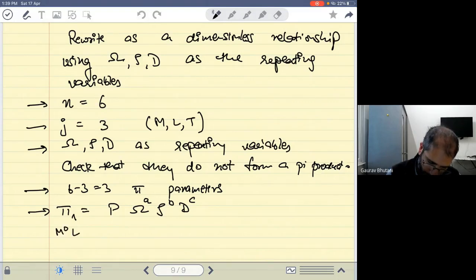So this is non-dimensional. So we have m0, l0, t0, and the dimensions of power are m, l2, t minus 3. Okay. And then dimensions of rotation rate are 1 by t, revolutions per second.